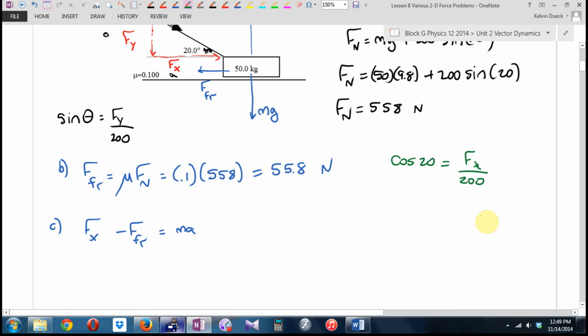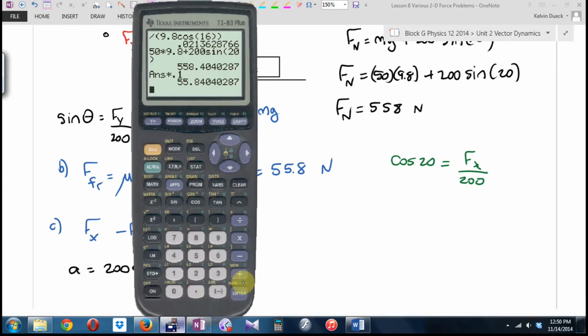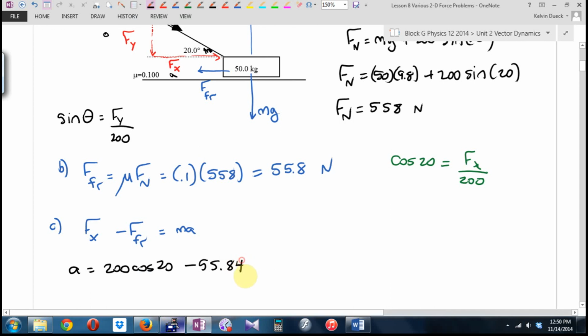Shaq, what did you say we're trying to find in part C? How would I get the a by itself? Divide by m. So a is going to be fx, which is 200 cos 20 minus friction, which if I didn't know, I'd have to go through steps A and B, but I got it sitting there, 55.84, all divided by 50.